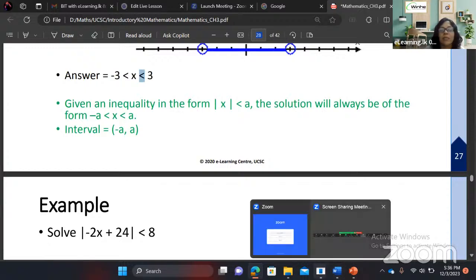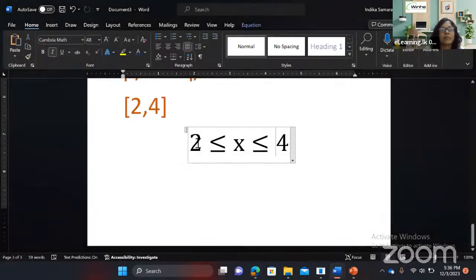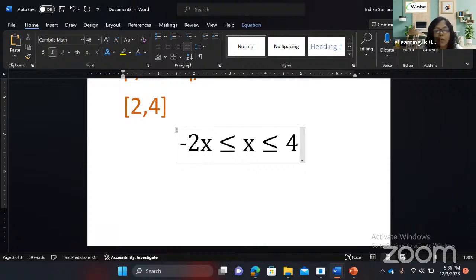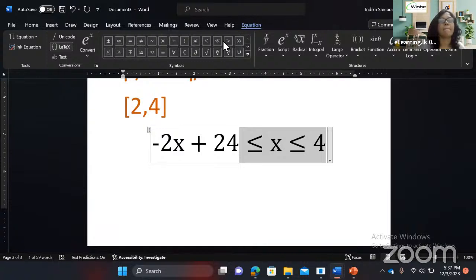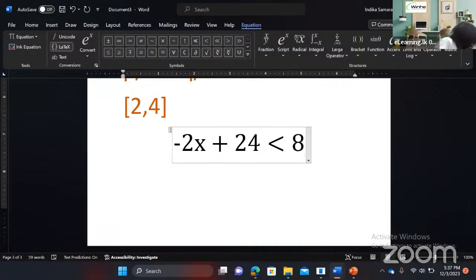Right, the absolute value of minus 2x plus 24 less than 8. How do we solve this one?